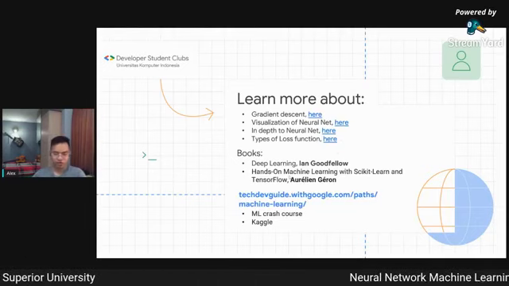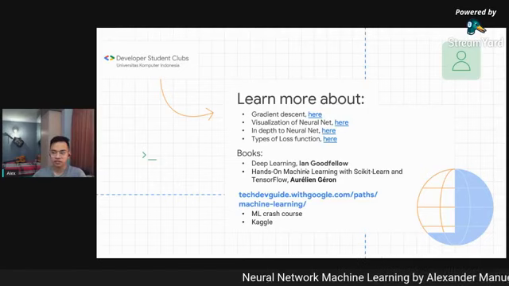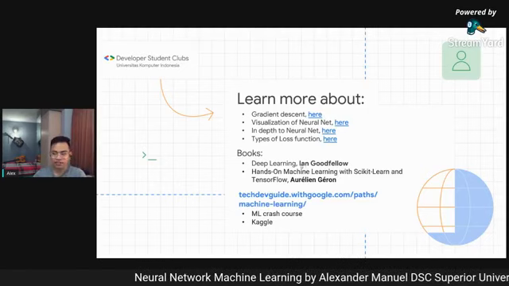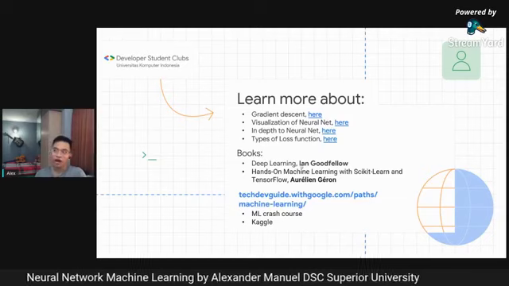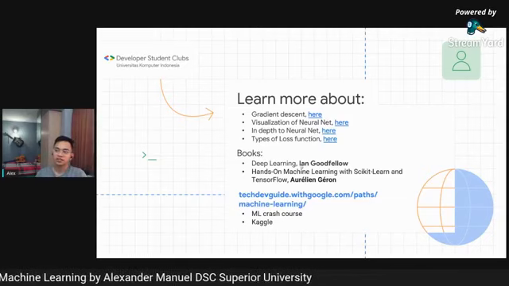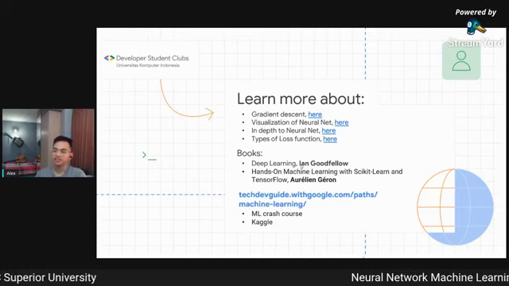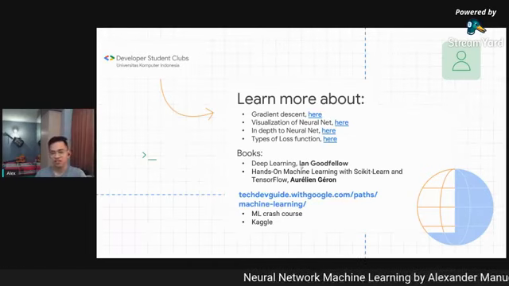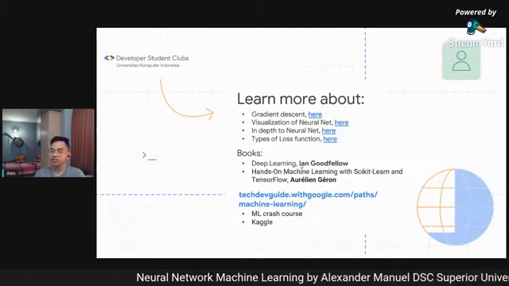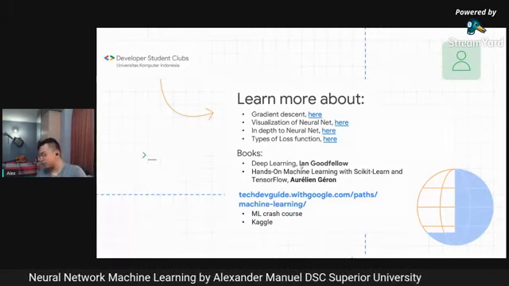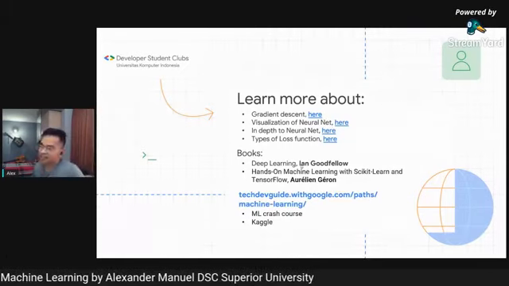There's this book that I highly recommend called Deep Learning by Ian Goodfellow. I chose this book because Ian Goodfellow is the father of GAN, the Generative Adversarial Network, if you don't know what GAN is. That's actually my final project.